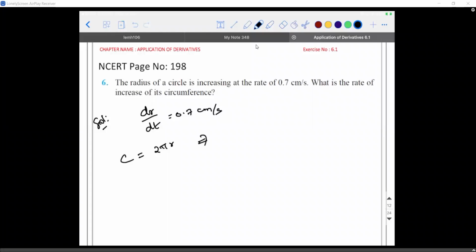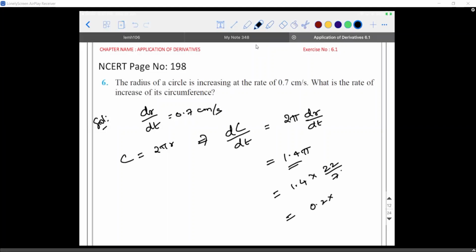They are asking what is dc/dt, which is nothing but 2 pi into dr/dt. How much is the answer, guys? 1.4 pi. Taking pi as 22/7, I get 4.4 cm per second.